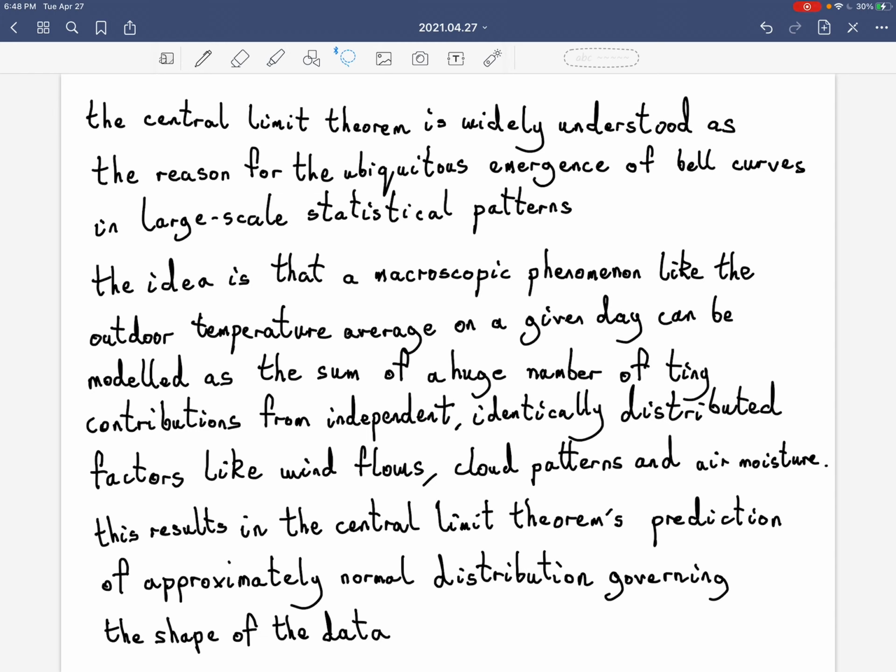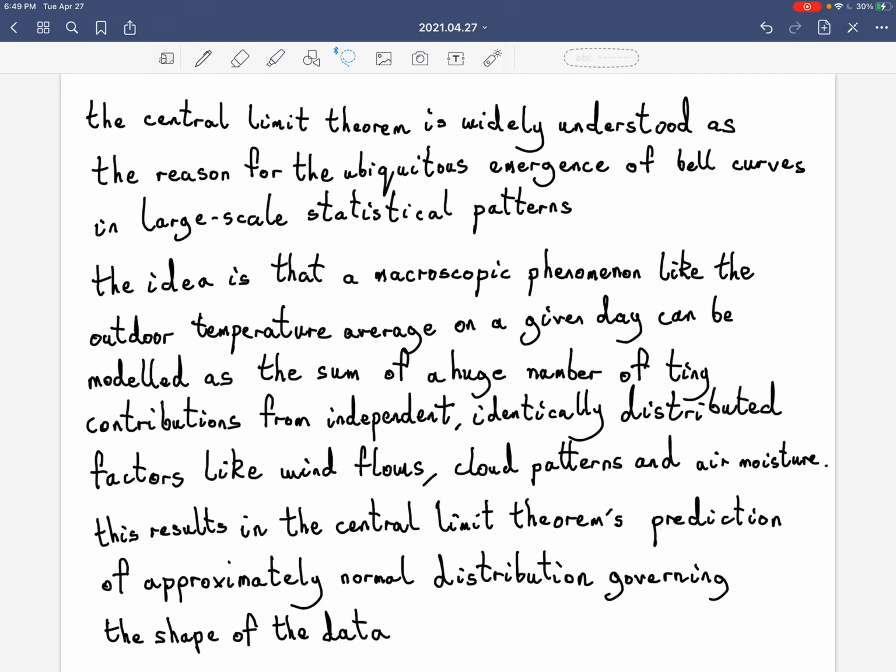And so the central limit theorem gives you a prediction for the probability of the long-term average being within a certain error interval around the mean.